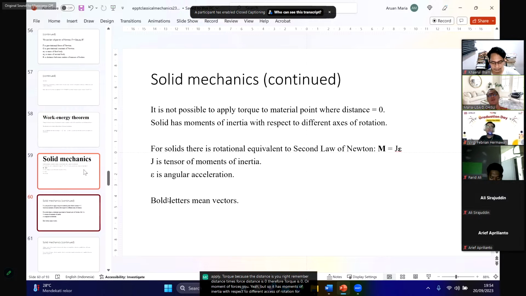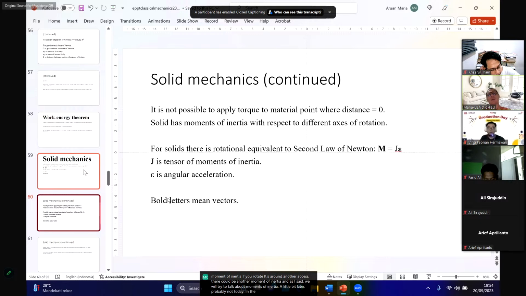But a solid has moments of inertia with respect to different axes of rotation. For example, if you rotate a car around one axis, it will be one moment of inertia. If you rotate it around another axis, it will be another moment of inertia. As I said, we will talk about moments of inertia in detail a little bit later, probably not today.